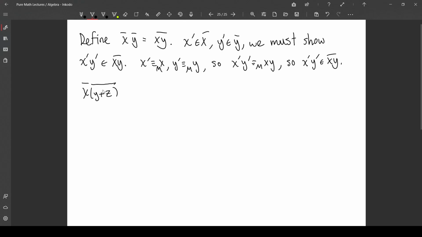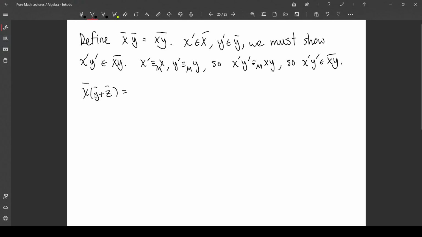We want to consider this expression all in terms of cosets, so we're multiplying a coset with a sum of two cosets.